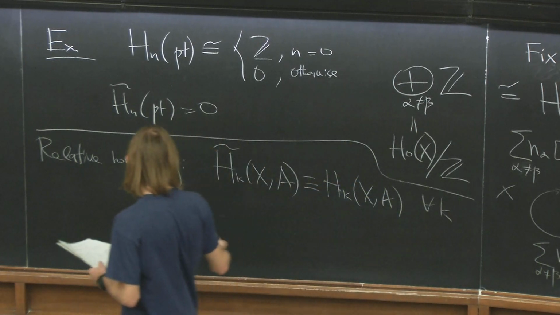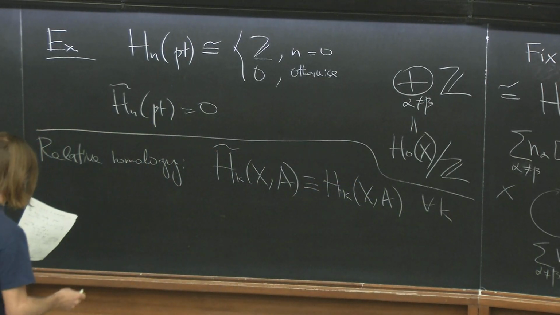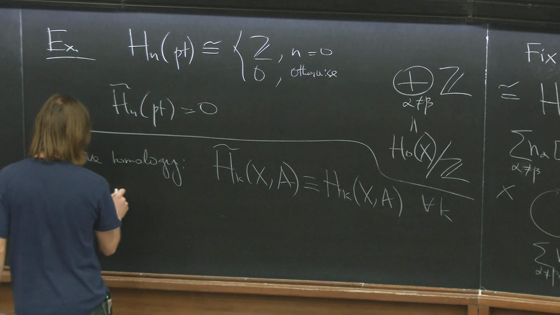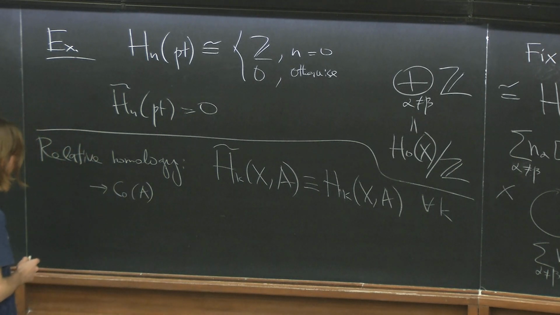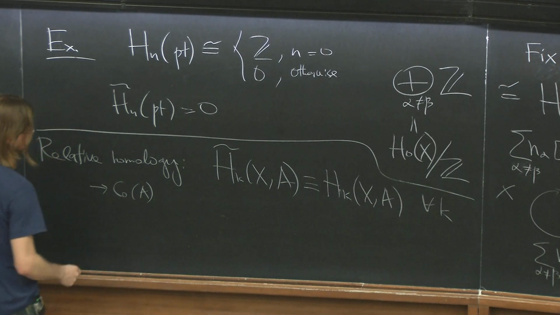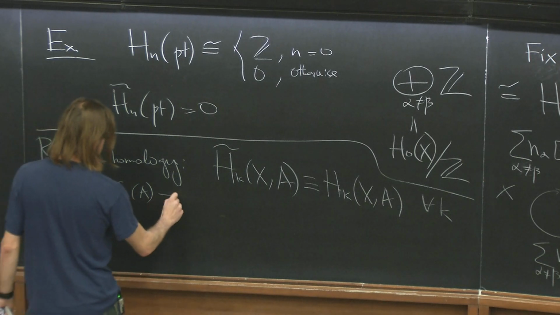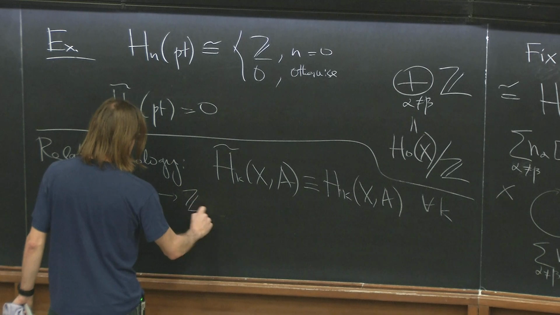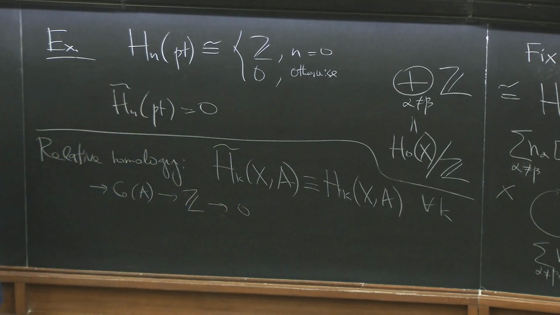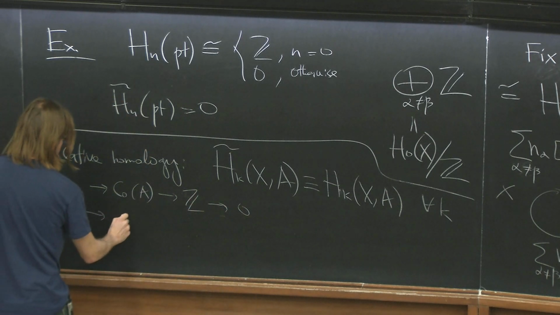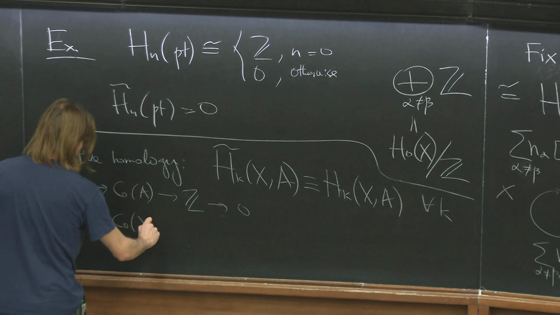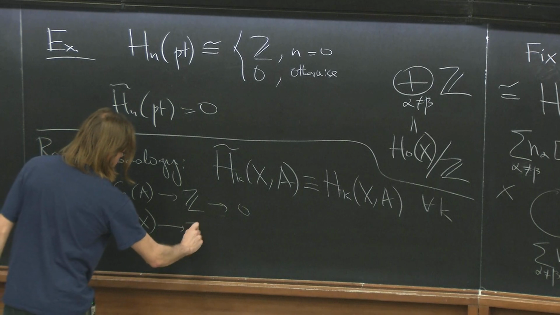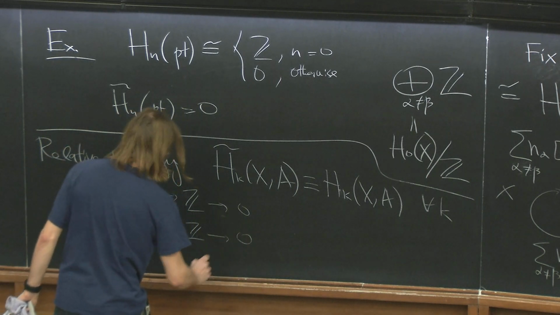Okay, so why is this natural? Well, this is because of the following. Suppose that we consider the augmented chain complex for this subspace A in X. So we augment it by this copy of Z here, and then similarly for X here.